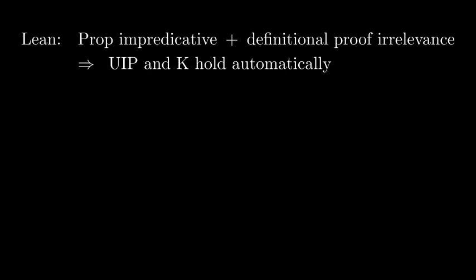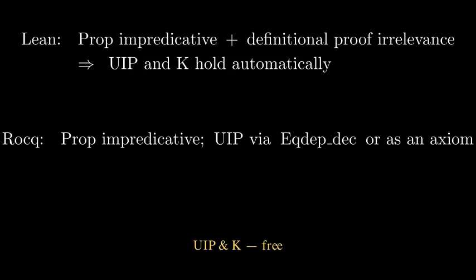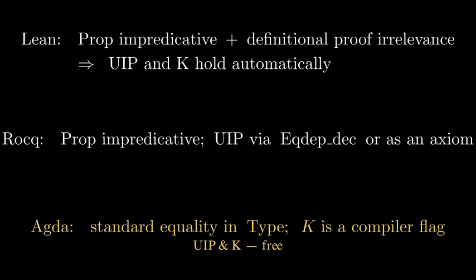Lean puts equality in Prop and bakes proof irrelevance into the kernel. So UIP and K come along for free. Rocq has the same impredicative Prop, but proof irrelevance is not definitional. UIP follows automatically for types with decidable equality. For general types, you state it as an axiom.